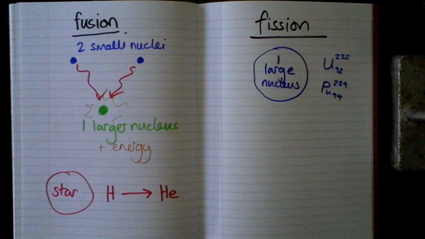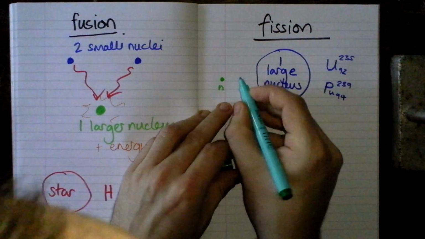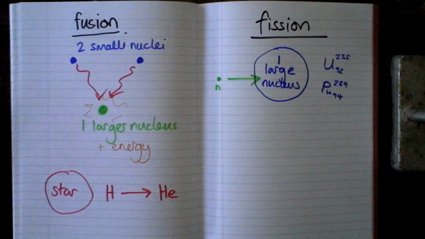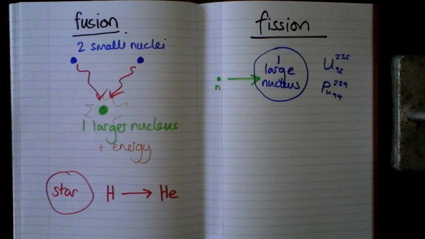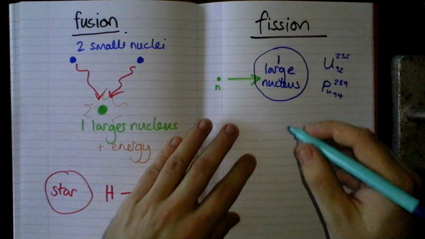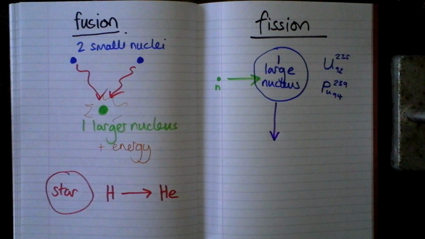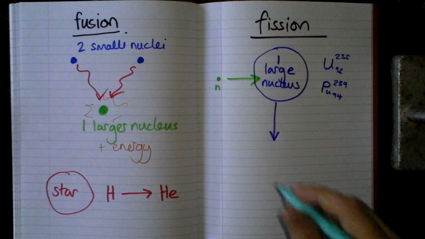Now, one of these large nuclei, if I fire a neutron at it, and it absorbs a neutron, it becomes really, really unstable. And you've met some unstable things before. You know a little bit about radioactivity. But this is so unstable, it doesn't just give out an alpha particle or a beta particle or some gamma radiation. It splits into two, and we call that fission. That's all it means, an atom splitting into two.